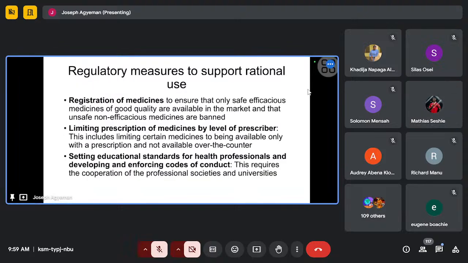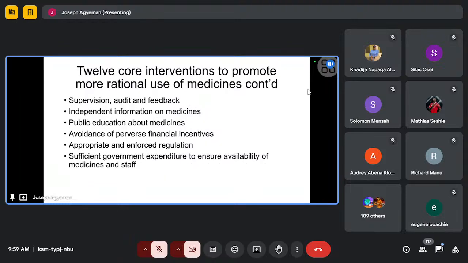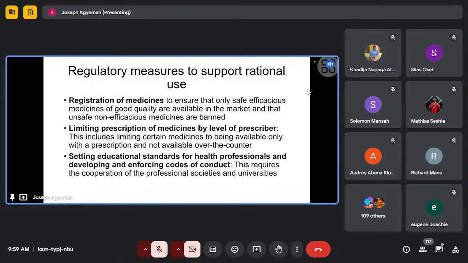All right. So quickly, we talked about regulatory bodies that they are supposed to give us appropriate or adequate standards and enforce them. So what are some of the regulatory measures that can support rational use of medicine?